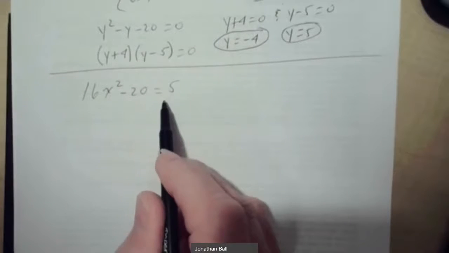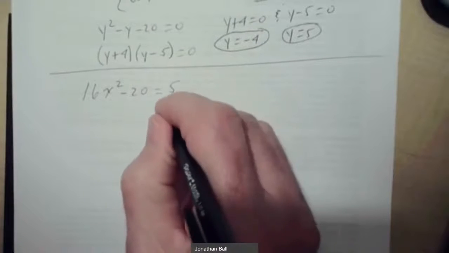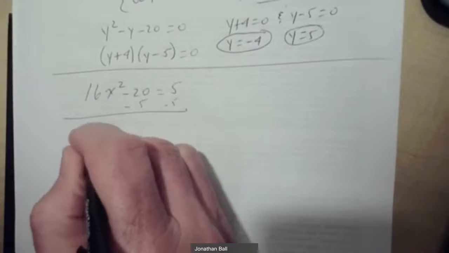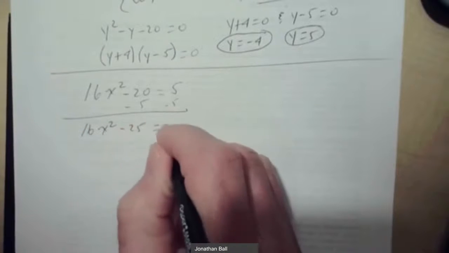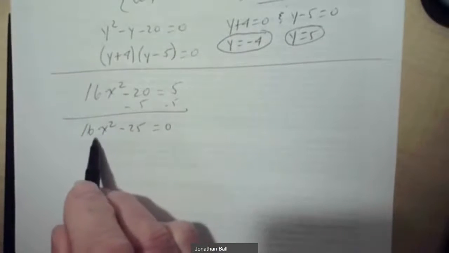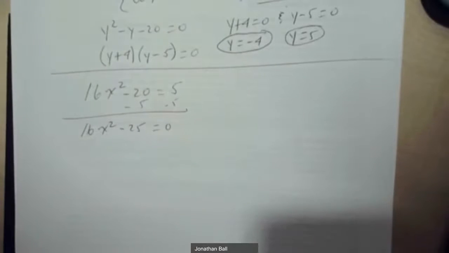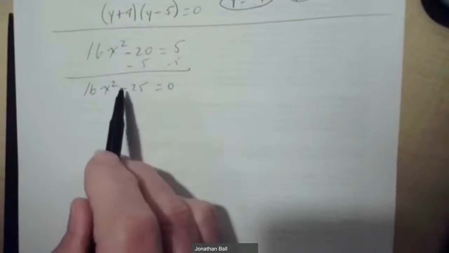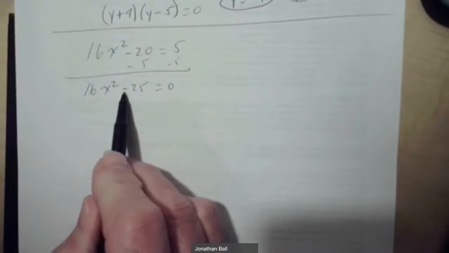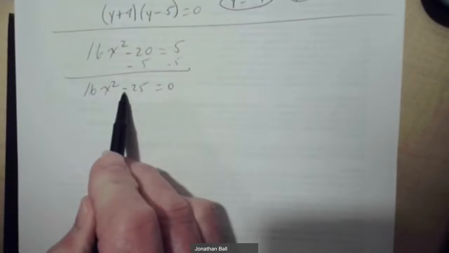Now remember, the first thing you do is you set these equations equal to 0. So we're going to subtract 5 from each side. And we have 16x squared minus 25 equals 0. You can see that both of these terms are perfect squares, and it's subtracting. So this is the difference of two squares.